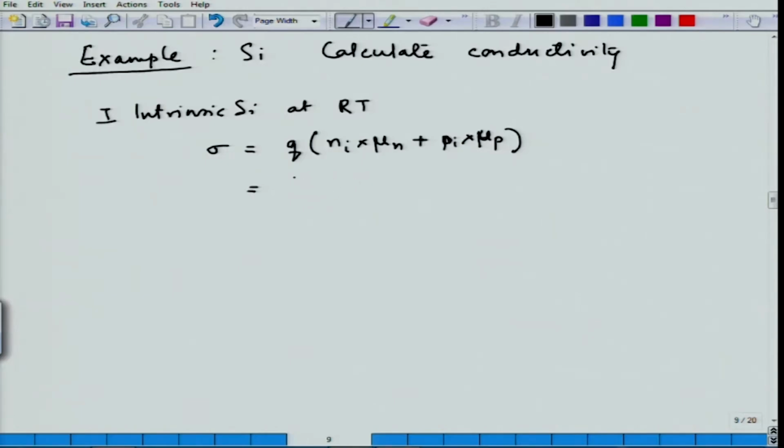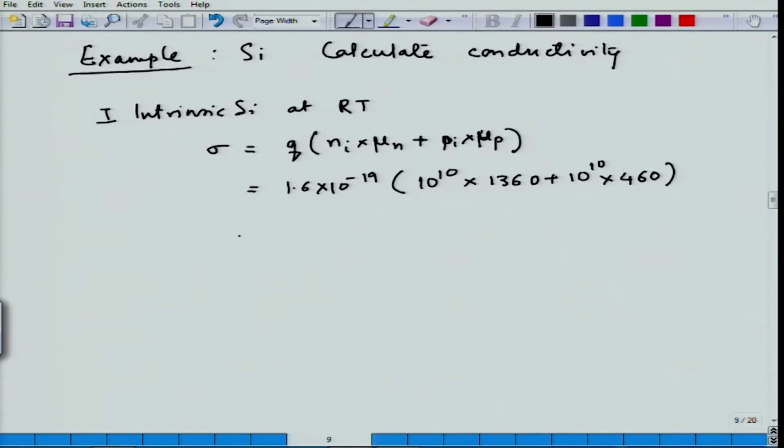Let me write the value of Q directly, in coulombs. Ni is taken as 10 to the power 10, and mu n is given as 1360, plus 10 to the power 10, because Ni will be equal to Pi for an intrinsic semiconductor, multiplied by 460.